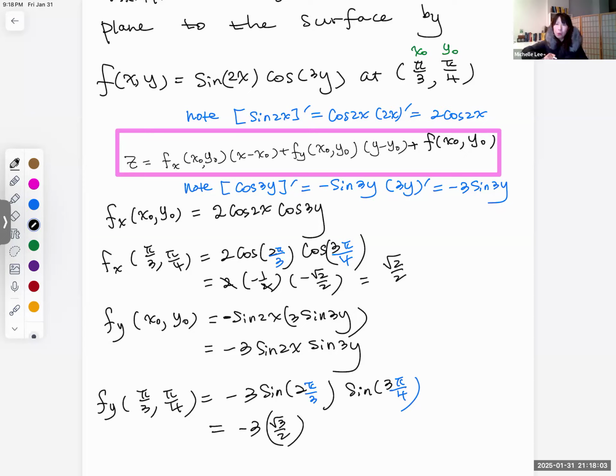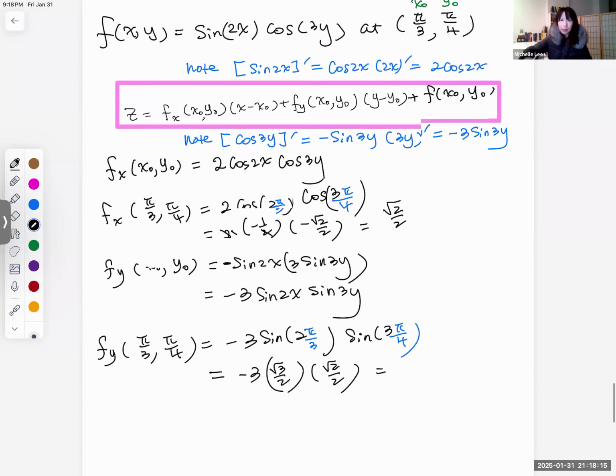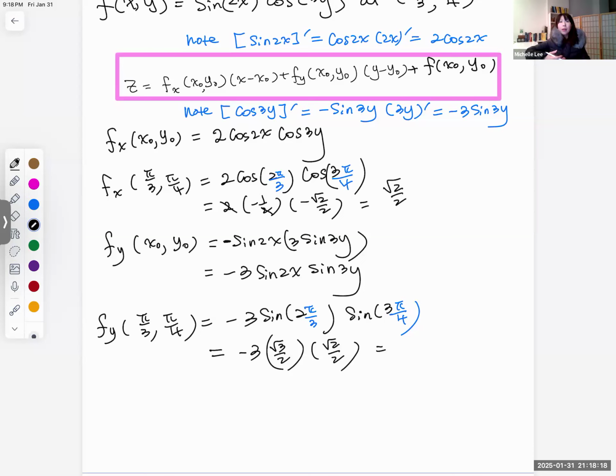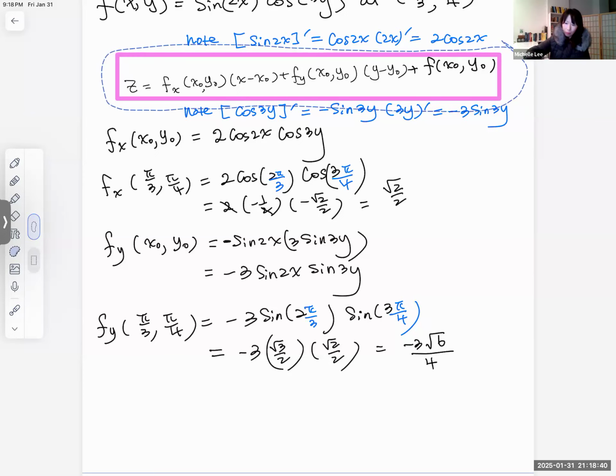And then sine 3 pi over 4, which is square root of 2 over 2, right? So simplify. We can just multiply. So negative 3 and square root of 6 over 4. Okay. So let's say using this one. Copy.